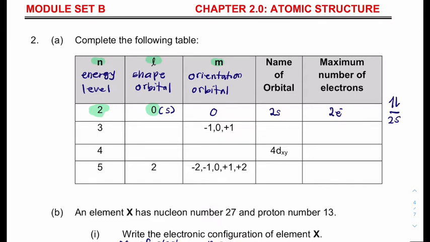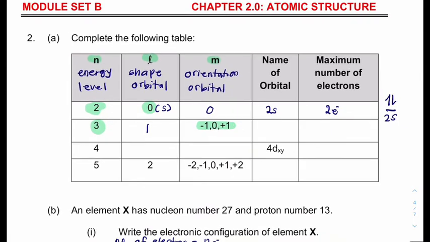Okay, next, energy level 3. Okay, so dia beri pada kamu M negative 1, 0 to positive 1. Maksudnya L yang dia fokus di sini adalah L equal to 1. Okay, so jadi kalau L equal to 1, it will be orbital P, and dia suruh name the orbital.